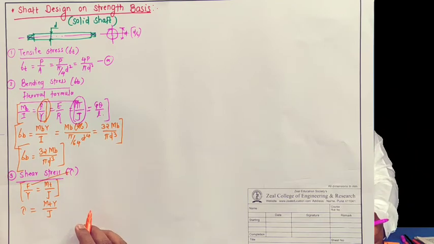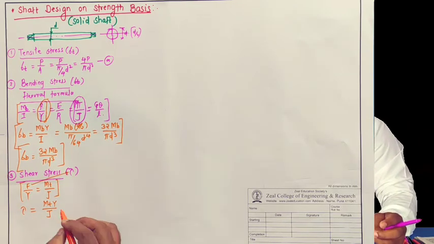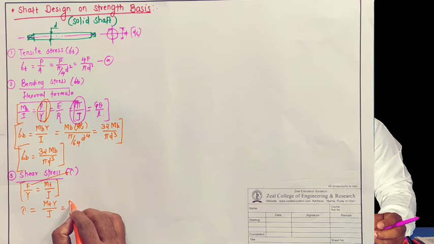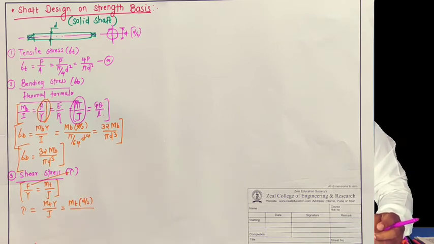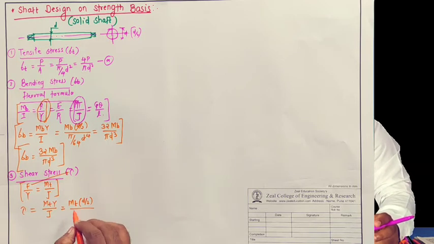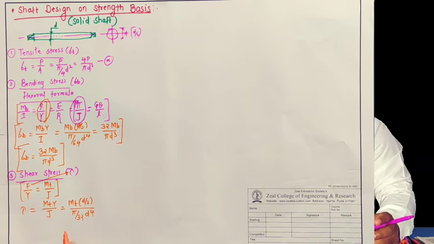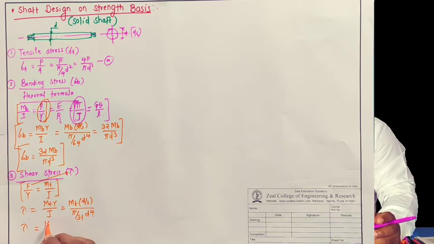Again we need to calculate for the circular cross section. I take MT as it is, Y means D by 2, and J, the polar moment of inertia for a circular cross section, is pi by 32 D raised to 4. If I convert this, tau is equal to 16 MT by pi D cube.